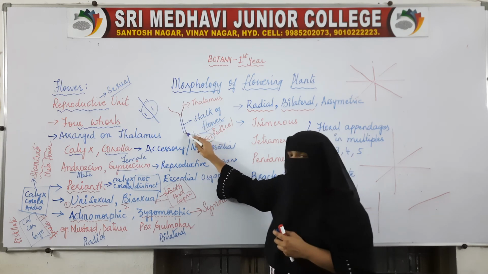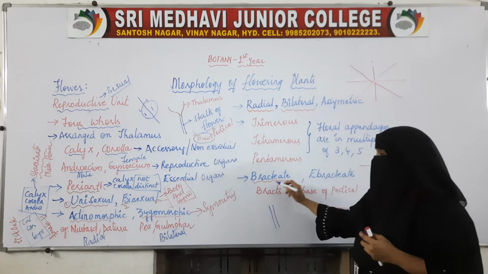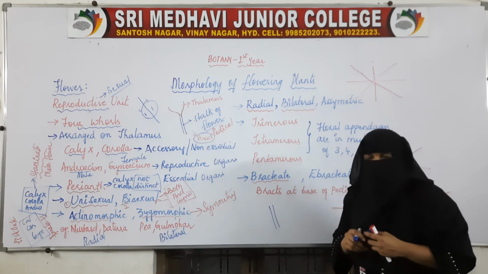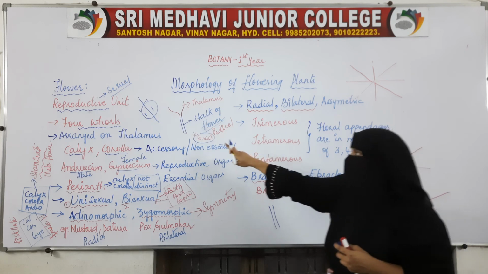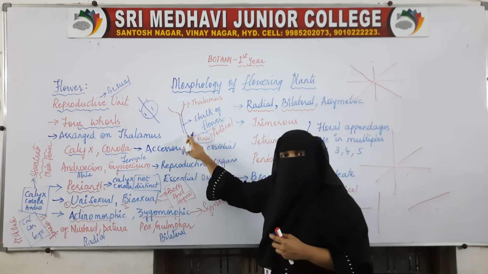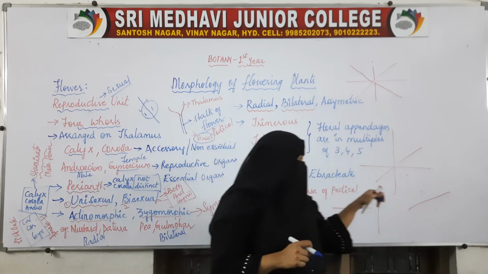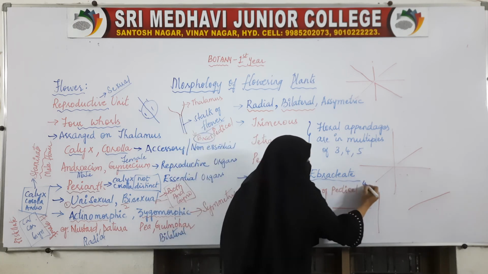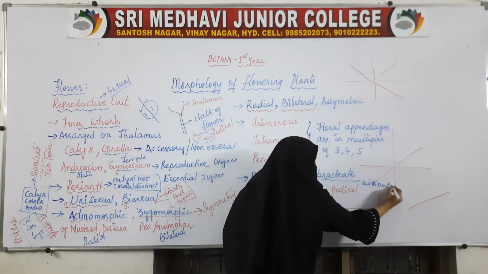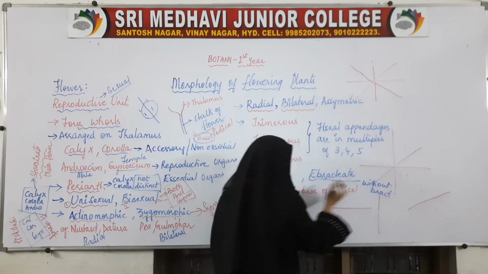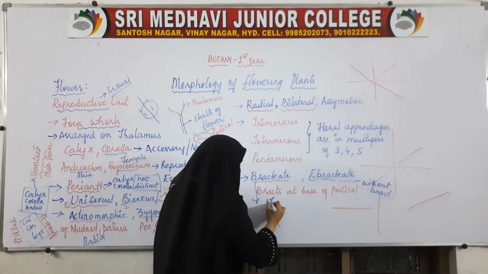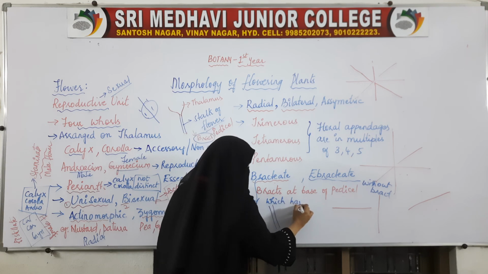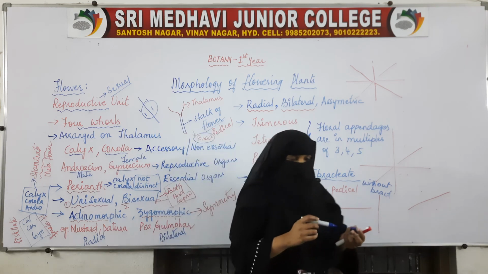But if it has a bract, then that flower is called a bracteate flower. And if the bract is absent, then that flower is called an ebracteate flower. Ebracteate means without bract. Bracteate means the flower which has bract.